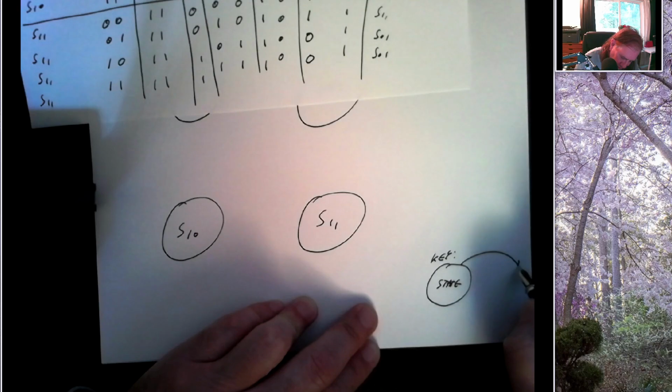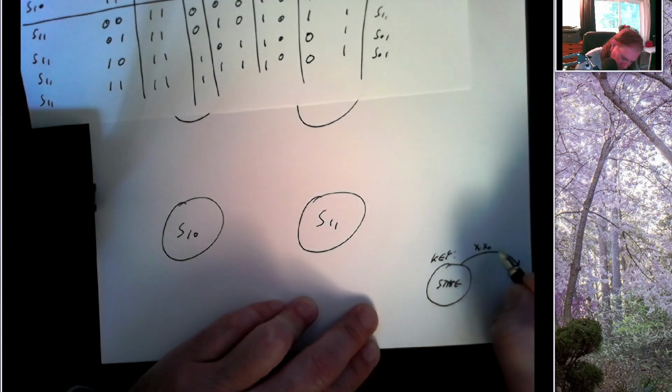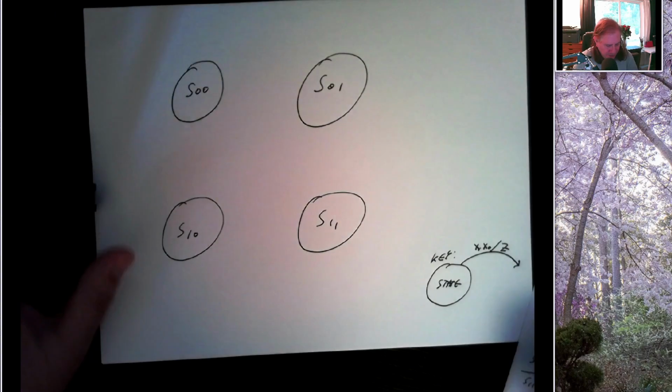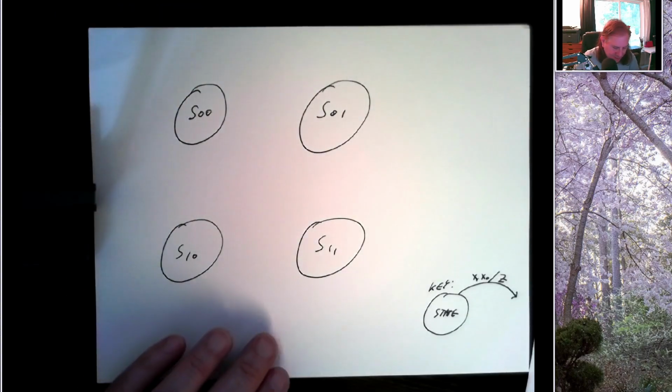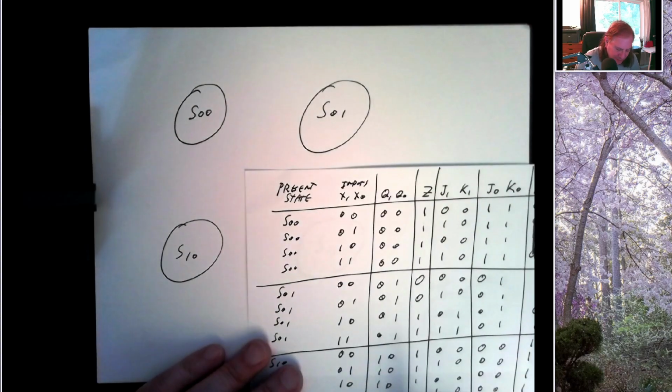I'm going to draw a transition arrow, and on this arrow I'm going to list my 2 inputs, x1, x0, followed by a slash, followed by the output value. And we're going to have 4 arrows coming from each state, because for each state we have 4 possible combinations of inputs.